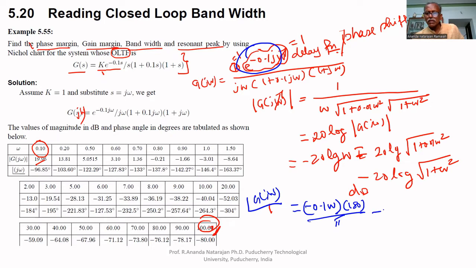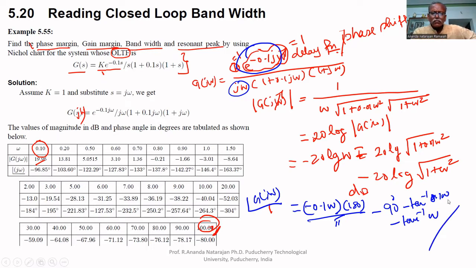Then minus 90 degrees, minus tan inverse of 0.1 omega, minus tan inverse of omega. If you vary omega from 0.1 to 100 as we did for magnitude, you will get angles varying from minus 96.85 degrees onwards.